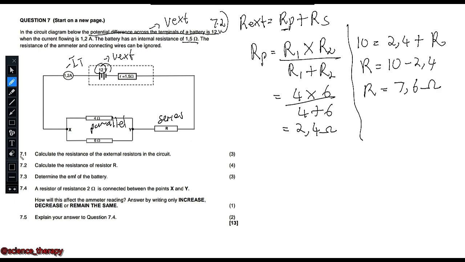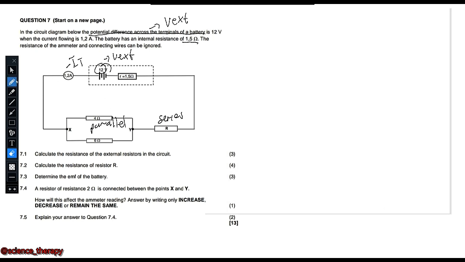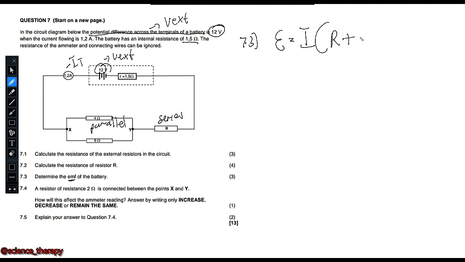Then to calculate 7.3, let's proceed. For 7.3, they say now determine the EMF of the battery. You see now they want us to calculate the EMF, which indicates that the 12 volts here is not the EMF. So for 7.3, EMF is equal to the current, bracket R plus r. We know this is the formula to calculate the EMF of the battery. Our current, we use the total current 1.2.